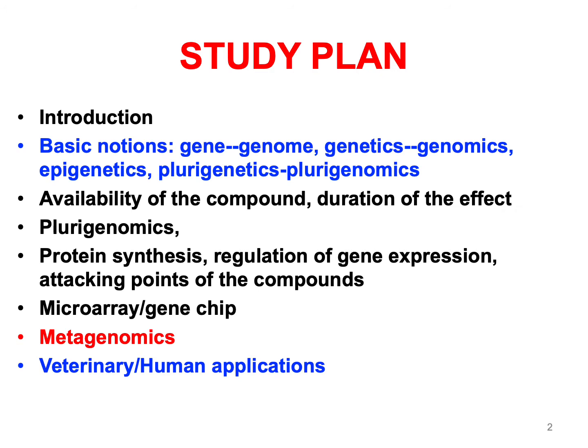the availability of external compounds, the definition of the plurigenomics, the process of protein synthesis, the regulation of gene expression, where are the attacking points of the external and maybe internal chemical compounds, the omic technology basics, what is a microarray or a gene chip, and the absolutely new field of the metagenomics will be shortly presented.